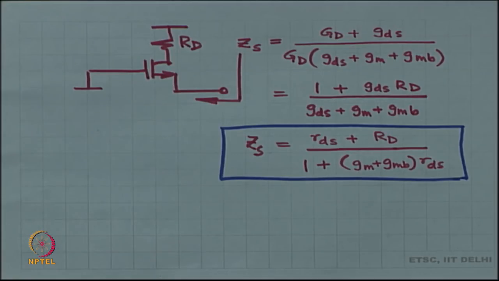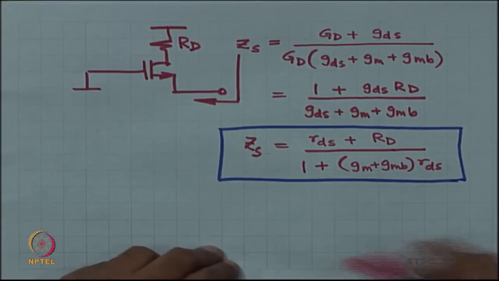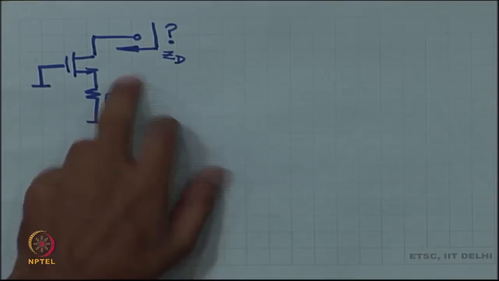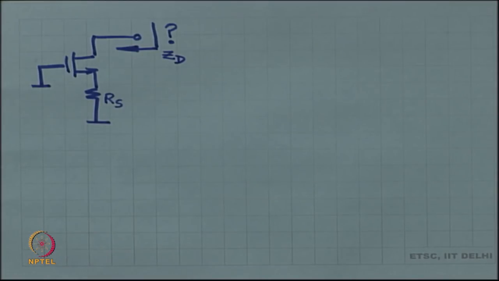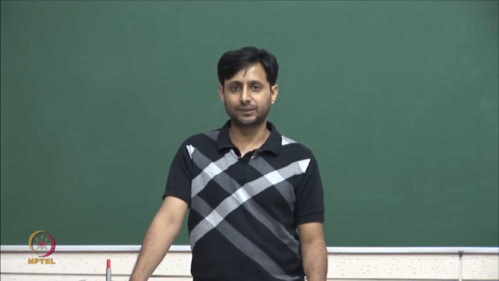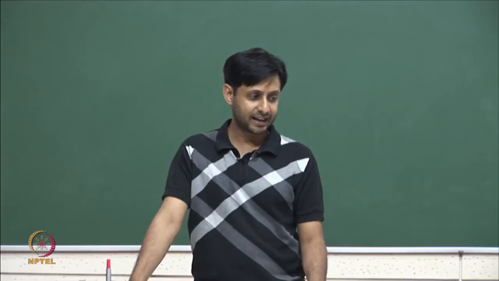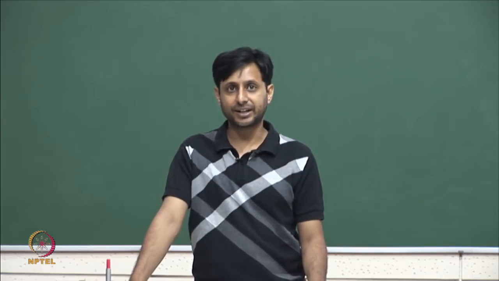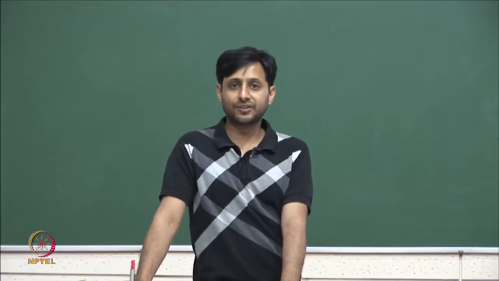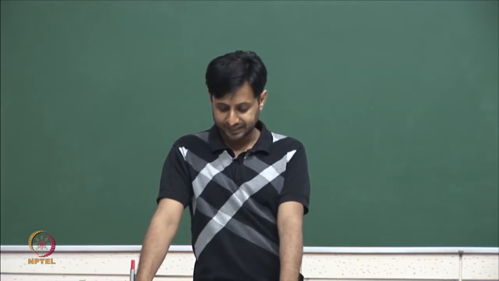Normally you are going to see a fairly low impedance looking into the source of the MOSFET. So, the next exercise is what is going to be the impedance looking into the drain of the MOSFET. I suggest that you take this as a homework and try it by yourself. So, let us close this exercise over here.